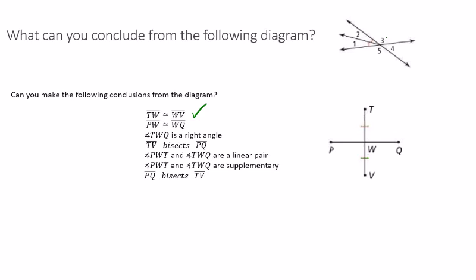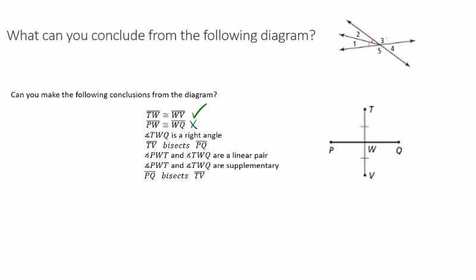All right, what about PW and WQ? They look congruent, but we don't have any tick marks, so we can't go off of looks alone. Angle TWQ looks like a right angle, right?